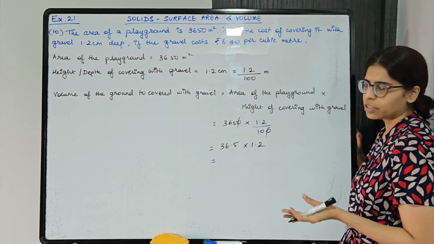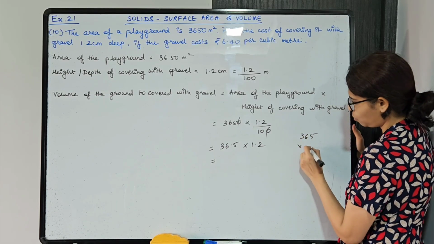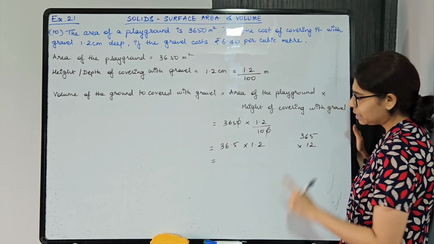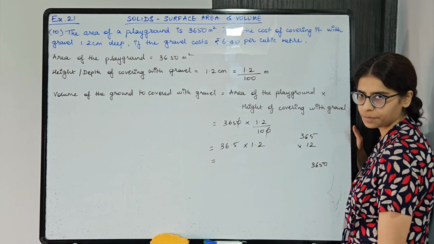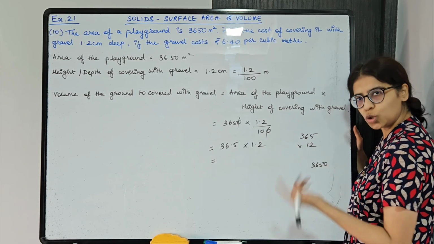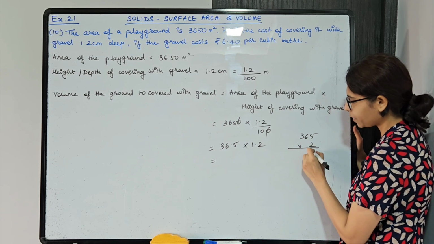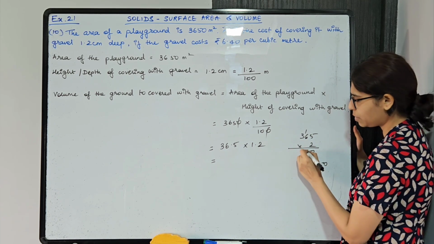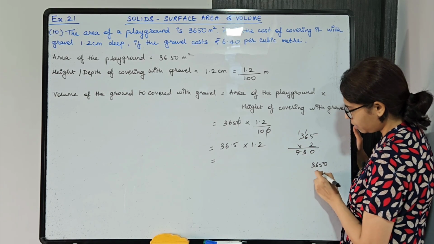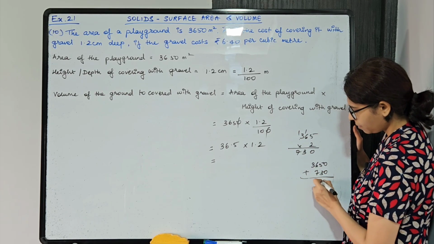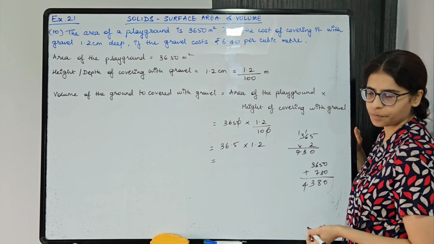Forget the decimal point for now, let's multiply 365 into 12. 365 into 10 कितना होगा? 3650, राइट? 365 into 2 करो बाद में और एड अप कर लो. सो 365 into 2, 2 5s are 10, 2 6s are 12 plus 1 13 and 7. Okay, so 730. So we are getting 4380.